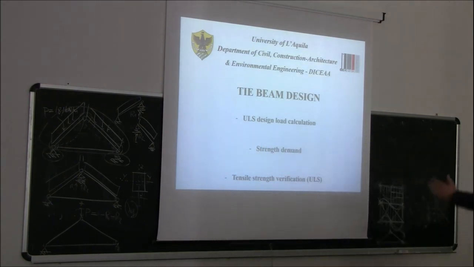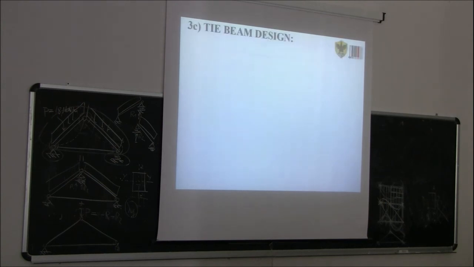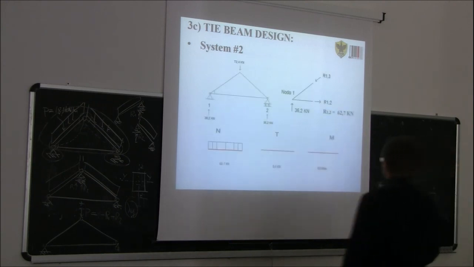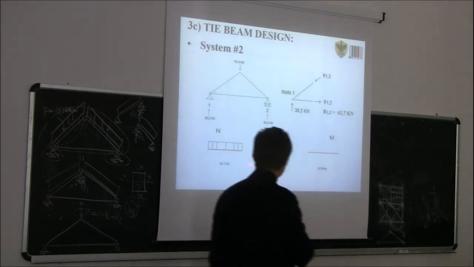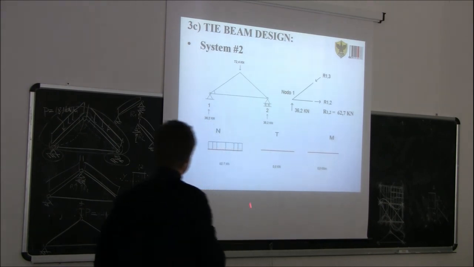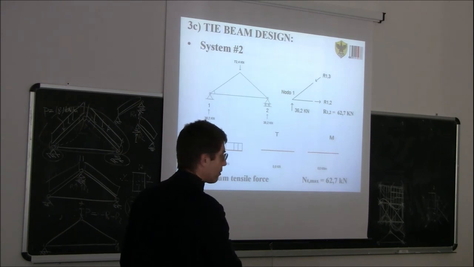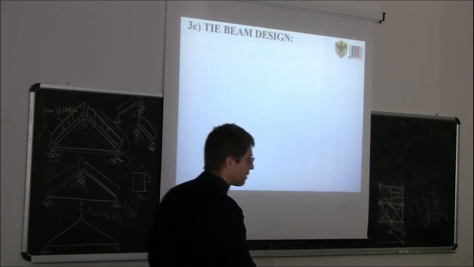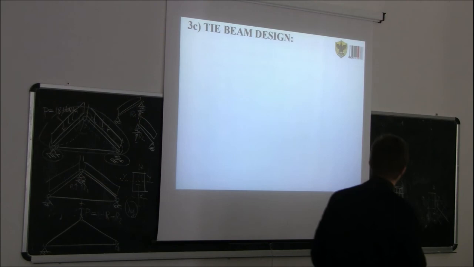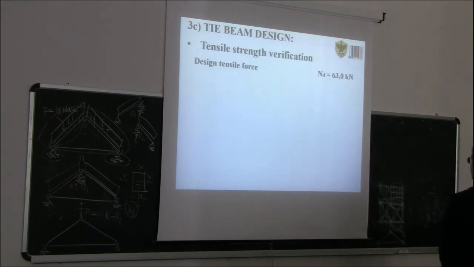When we solved the whole system, we already got the ultimate limit state design load and the strength demand. So for the tie beam, catena in Italian, we got this diagram here: axial force 62.7 kN in tension. So what we need to do is just the verification for the ultimate limit state of tension.